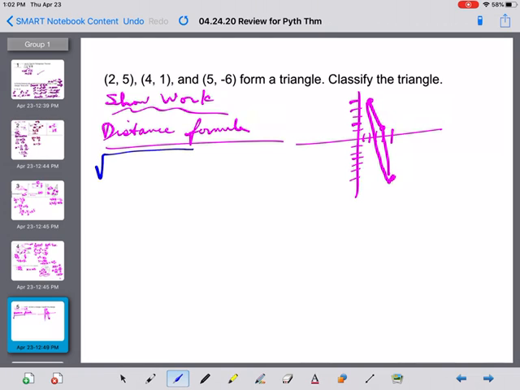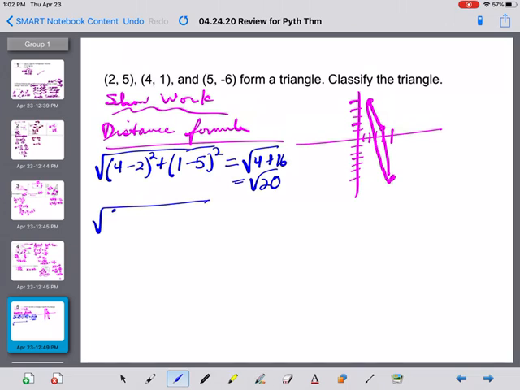All right, so we have the square root of (x2 minus x1) squared plus (y2 minus y1) squared. So that's 4 plus 16, square root of 20. So that's negative 4 times negative 4, so positive 16. So that one's the square root of 20.